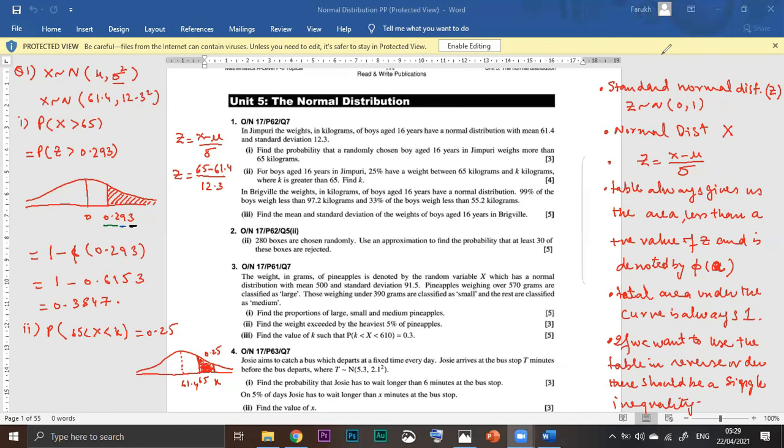Can you help me in finding area less than 65, that is this area? We want to find out this area. Can you tell me what is this area?